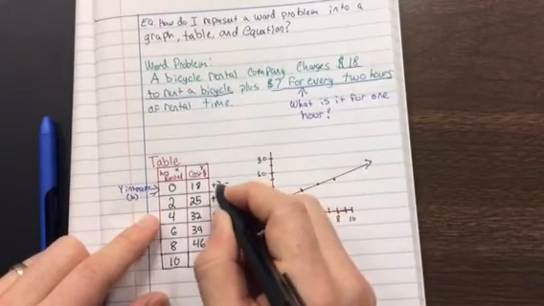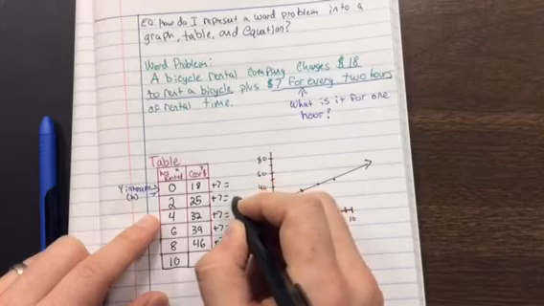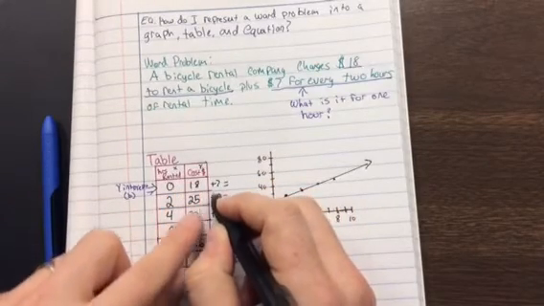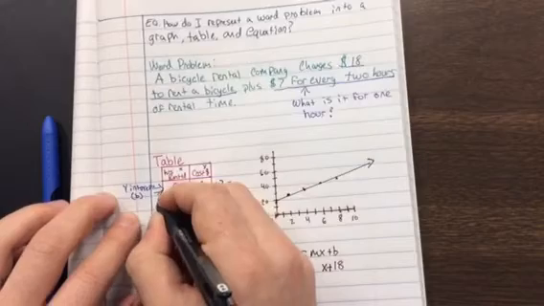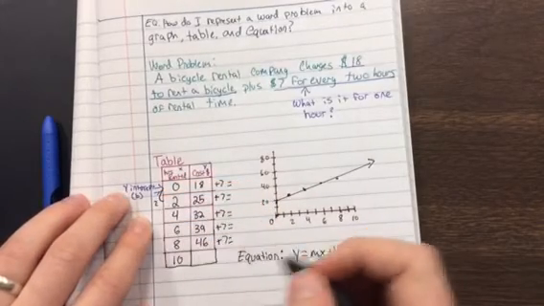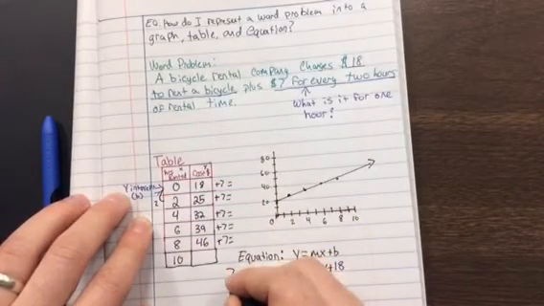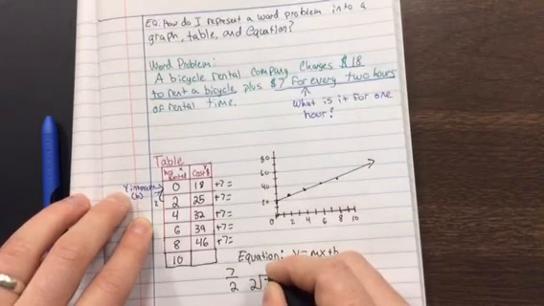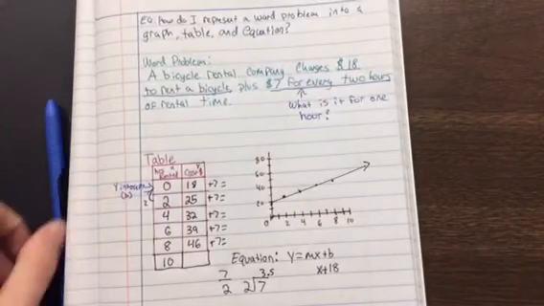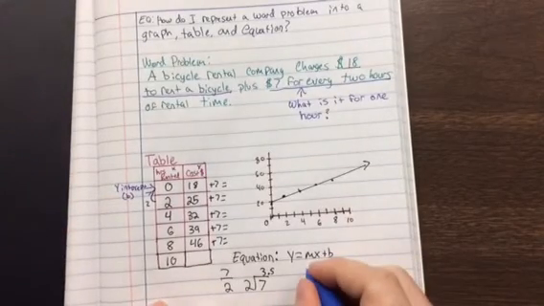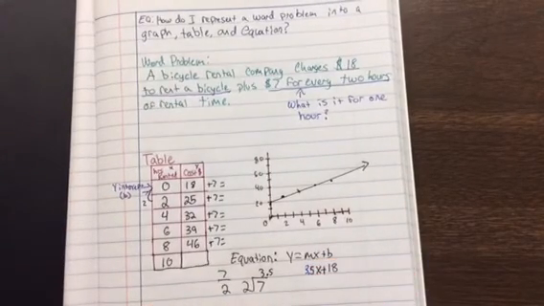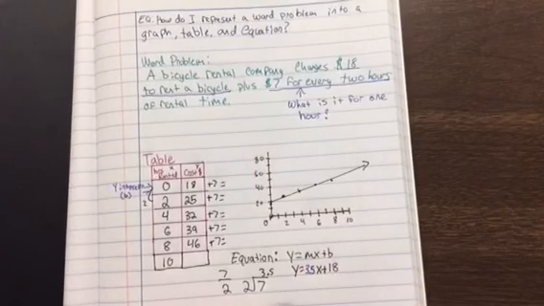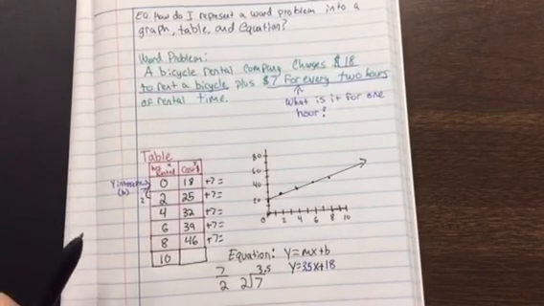The y increases by 7 every time, and the x increases by 2 every time. So we simply divide 7 by 2, which is 3.5. So our slope is 3.5, and our equation looks like this: y equals 3.5x plus 18.